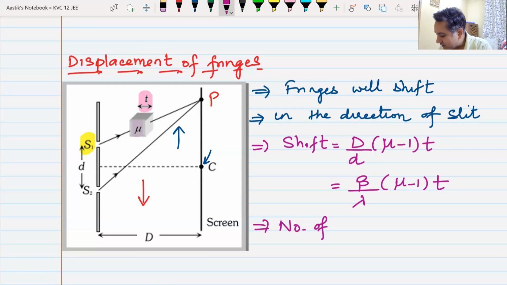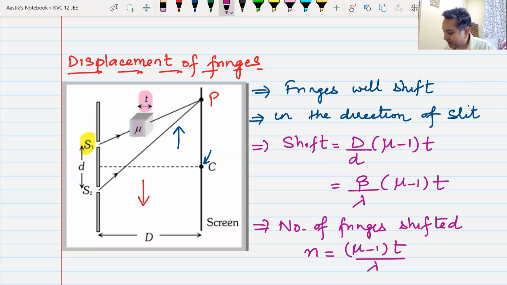It's just a mathematical calculation. Number of fringes shifted, let us call this N, will be equal to shift divided by beta. If you divide shift by beta, you will have mu minus 1 times t divided by lambda. Are you getting my point? Yes, sir.